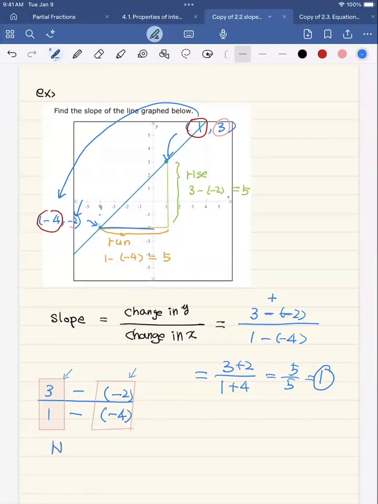What is not right is you write 3 minus -3 and exchange, so you just write -4 minus 1, then that'll be wrong. So you have to be consistent in arranging the x and y in the first and second place. You can switch the order, but you have to be consistent vertically.